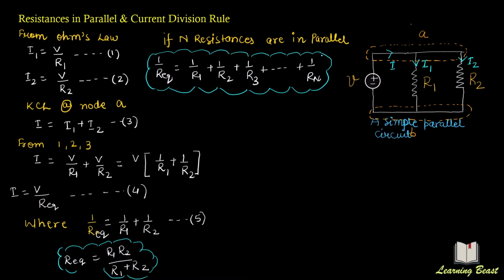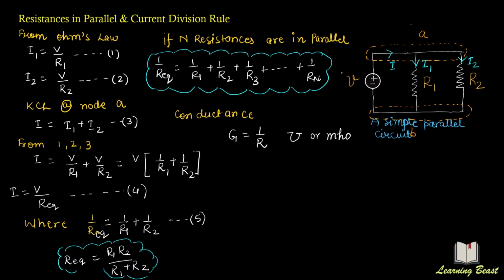Now, as we all know, conductance is represented by the symbol G, which is the inverse of resistance, and the unit for conductance is ohm inverse or mho.